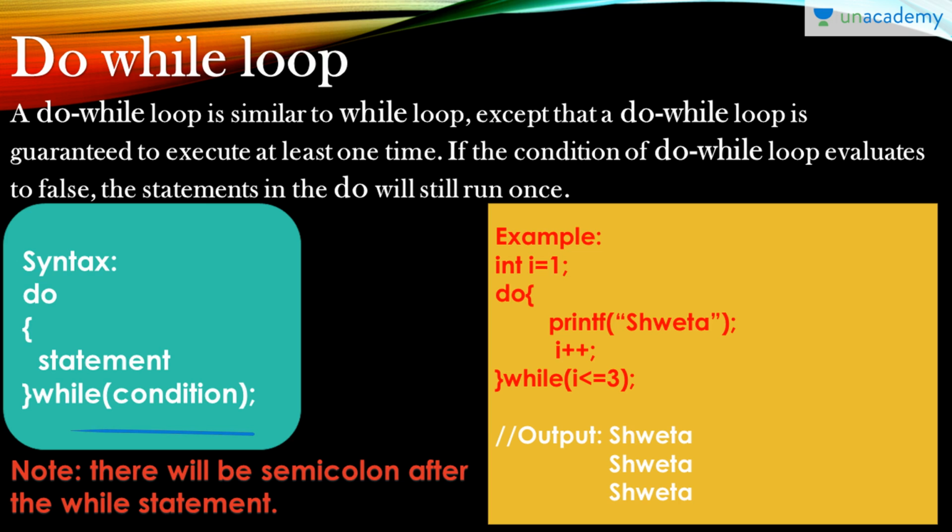So now we will discuss with the help of one example. Int I is equal to 1, do printf Shweta I plus plus while I less than equal to 3. I have taken the same example, only the difference is I am executing this code with the help of a do while loop.